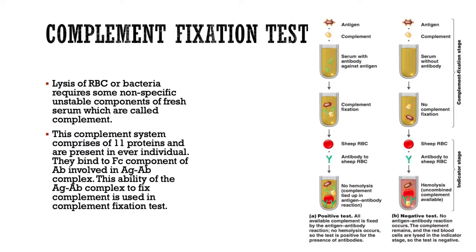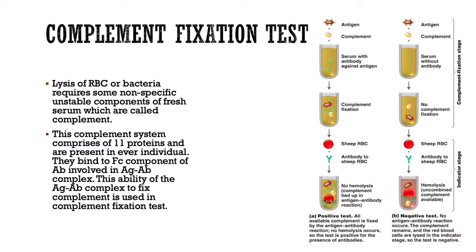First, we put the antigen along with complement inside the serum. In the first case, the serum contains the antibody against that specific antigen. But in the second case, the serum does not contain any antibody against that antigen.